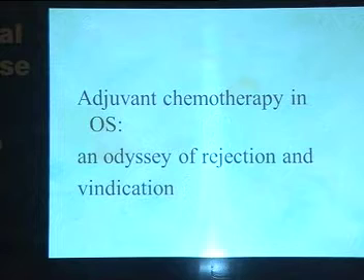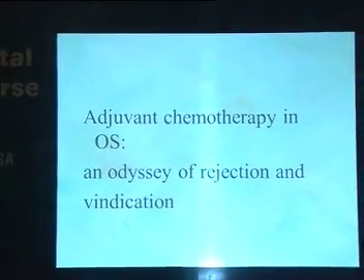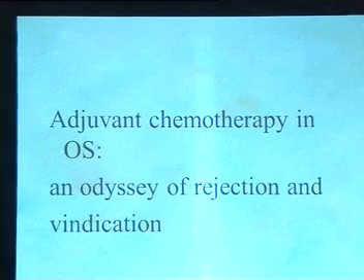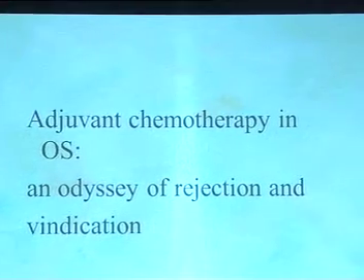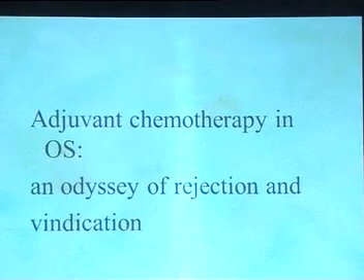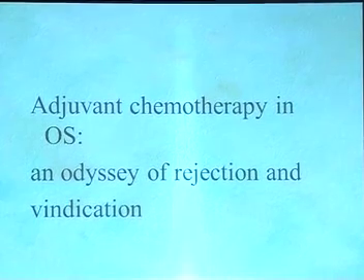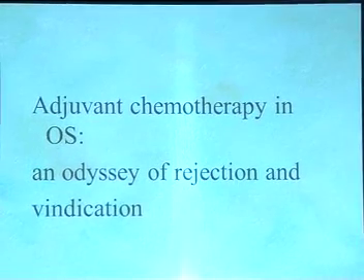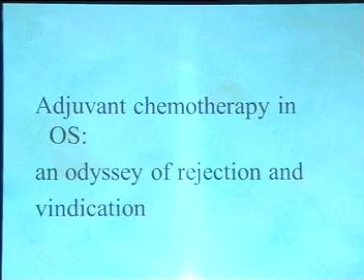Then there was a publication, I believe from Mayo Clinic, and it reported that it is not the chemotherapy, it is rather the natural history of the disease that has changed, and that even otherwise the metastatic evolution has gone down.